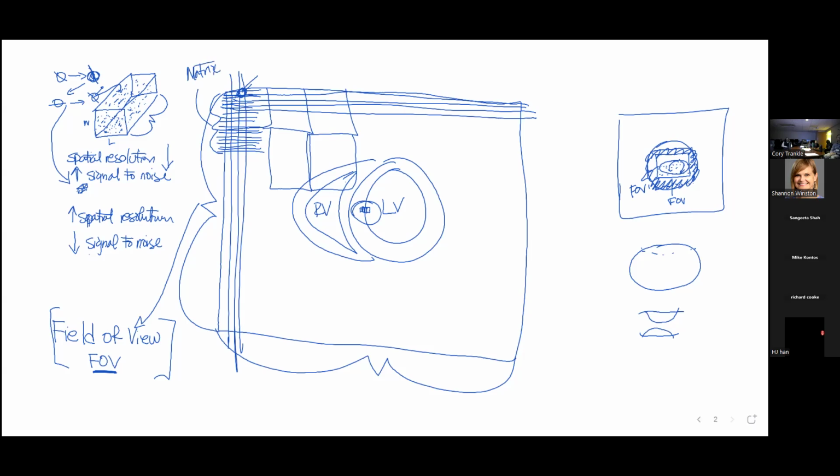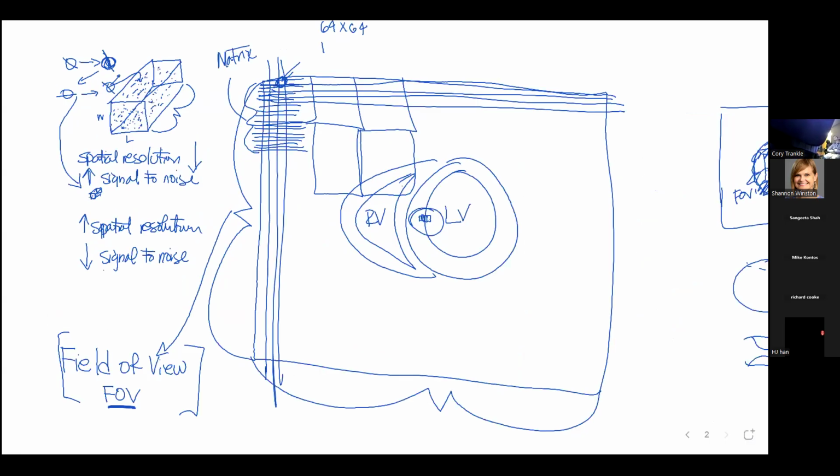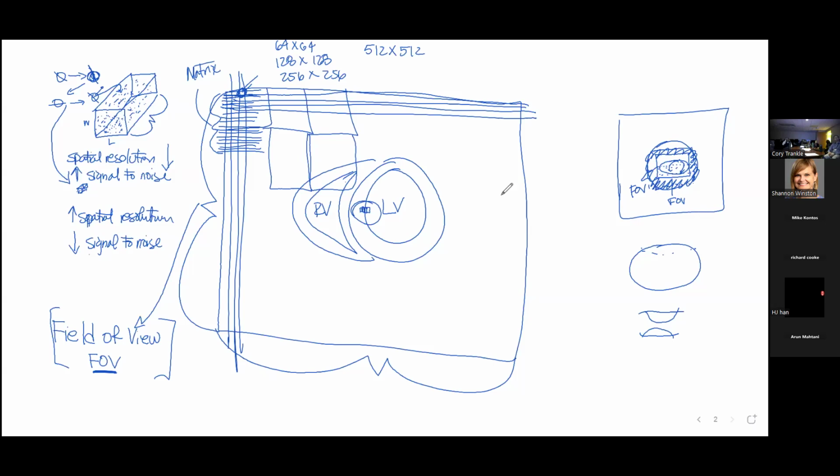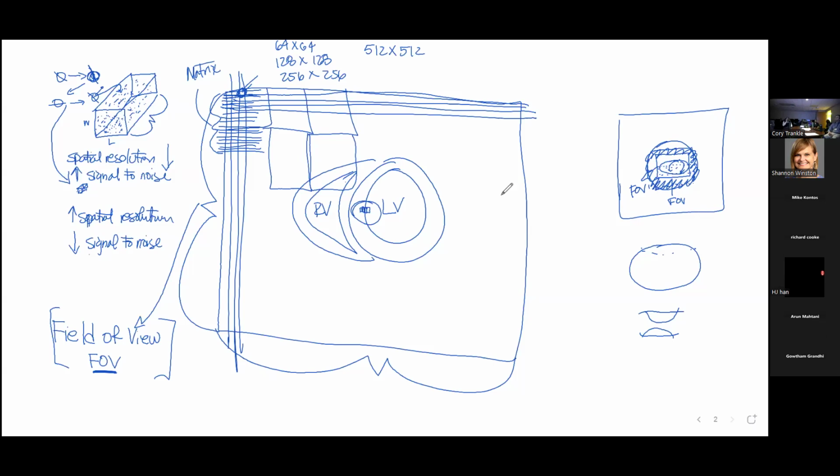Typically, you'll run in a matrix size of 64 by 64, 128 by 128, 256 by 256, 512 by 512. So every time you sit at the scanner, you are setting the field of view and the matrix size.